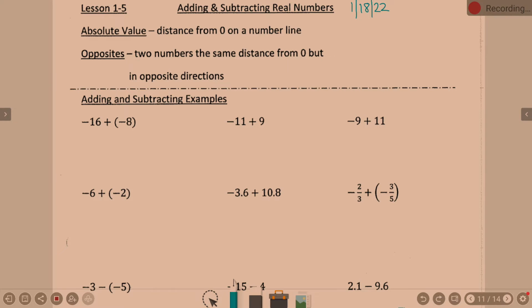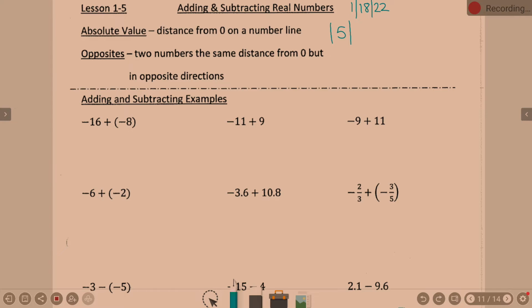So, a couple of things. Absolute value. When we talk about absolute value, know that the definition is the distance from 0 on a number line. Okay, so how far is a number from 0 one way or the other? Now, when we talk about absolute value, we use those straight vertical bars.